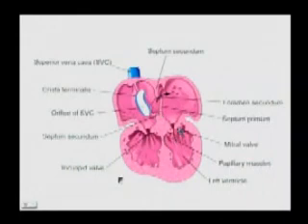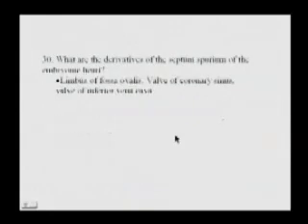So we now see the mitral valve and the tricuspid valves are beginning to develop. We see the papillary muscles, so the attachments and everything are created very early on, and they all develop simultaneously. So the derivatives of the septum spurium of the embryonic heart are the limbus of the fossa ovale, the valve of the coronary sinus, and the valve of the inferior vena cava.